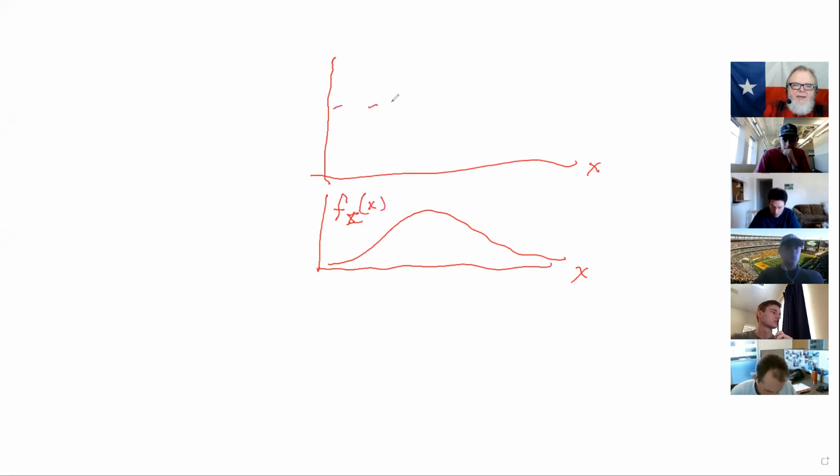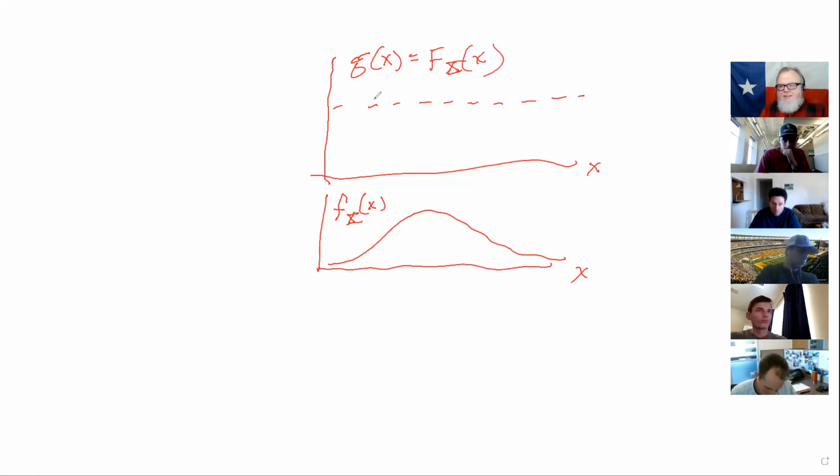And then we have a g of x. Don't forget that there's nothing wrong with setting g of x equal to capital F sub x. That's totally righteous. And we know that this is a strictly increasing function, correct? So therefore, we can apply that formula that we derived for the strictly increasing function, and let's see what happens here.